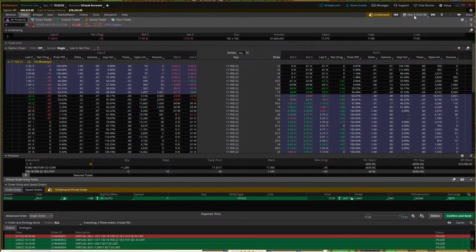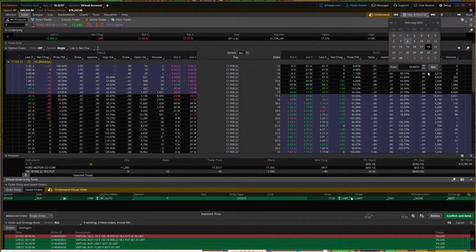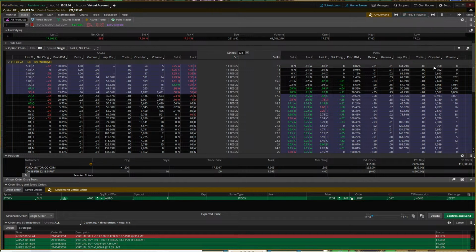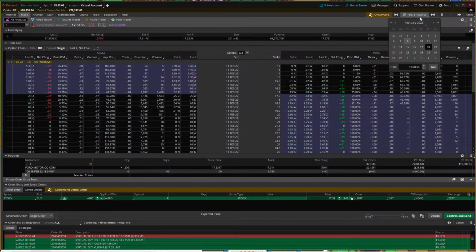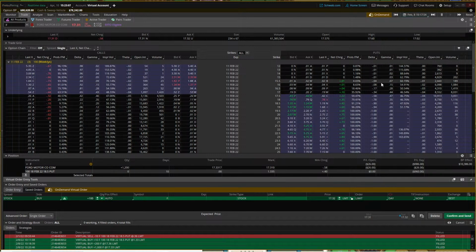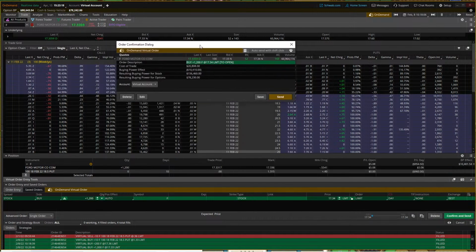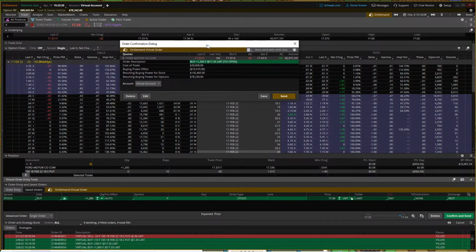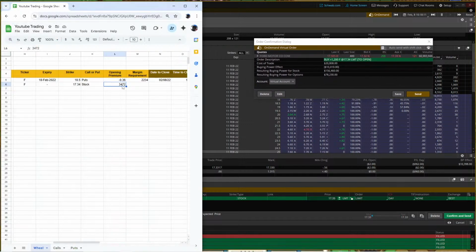It's at 17.30. Let's go back a minute. 17.31. Make sure we just get the price as close as we can. 1,000 at 17.34. So the cost is going to be 28.08. Boom.